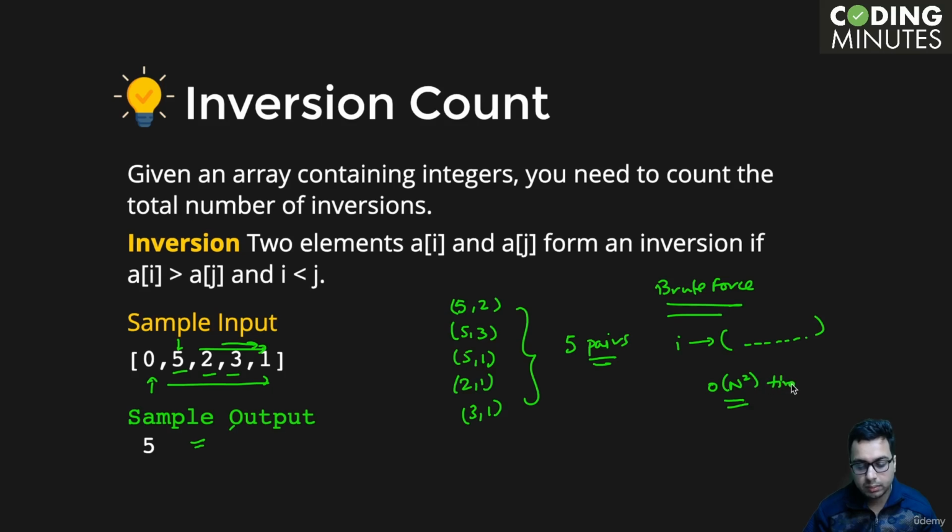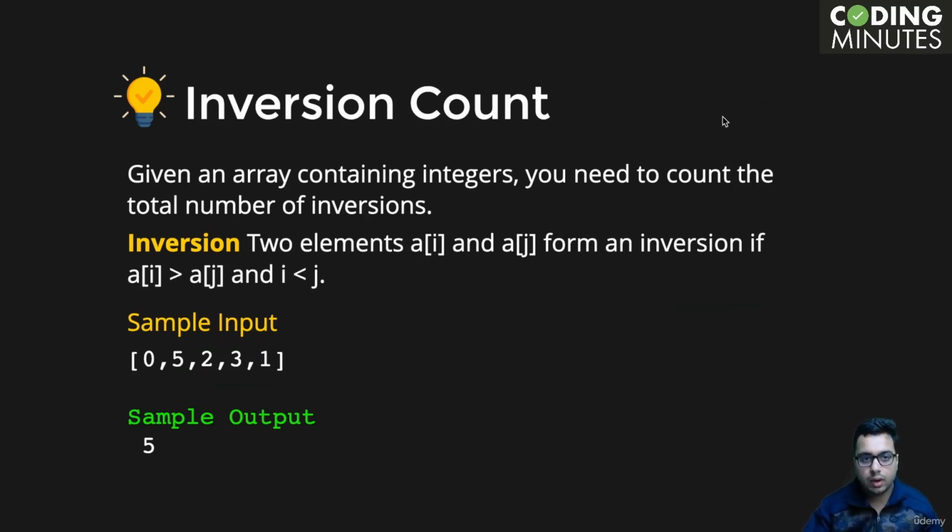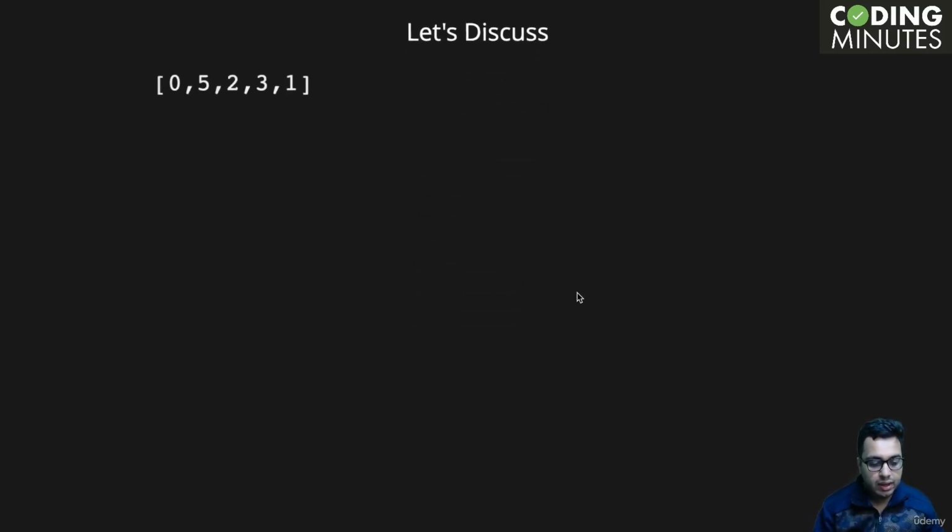If we just consider all pairs i and j that lie in this array, we can check if they form an inversion, and increment count plus equals 1 if they do, otherwise we don't. That is one thing we can do, but we want to optimize this solution further. So let us dive deep and see how this can actually be solved.